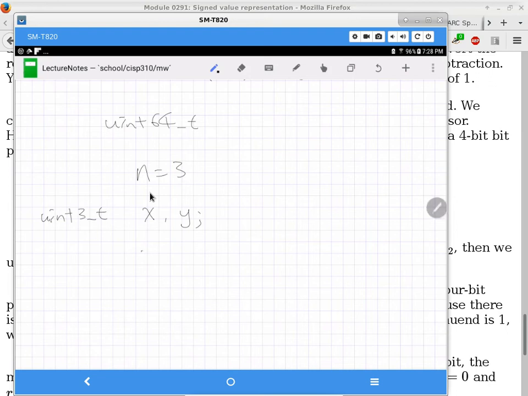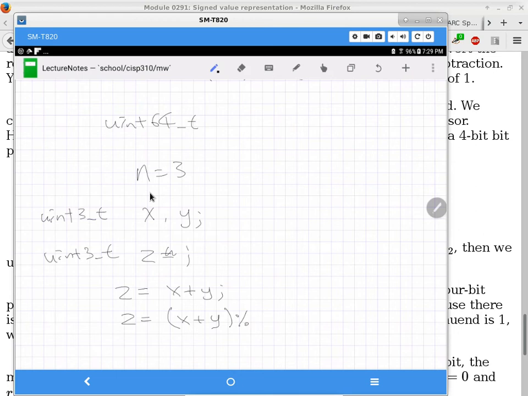So let's say z has the same type. When you say z equals x plus y, that's not the entire thing. What it is really doing is saying z equals the value of x plus the value of y, but then there's a mod here.